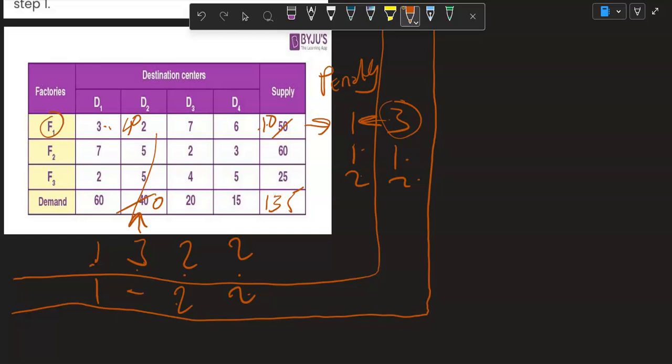You have F1 and you have D1. D1 needs 60, F1 is only remaining with 10. So let's give all the 10 that is remaining. So F1 will have 0 now, while destination 1 will still need 50. Since you've given them 10, they'll still need 50.